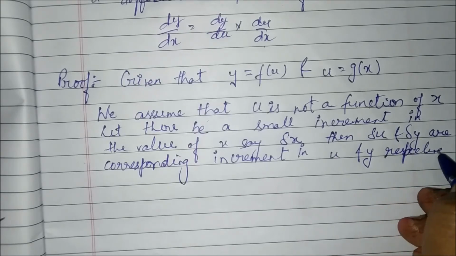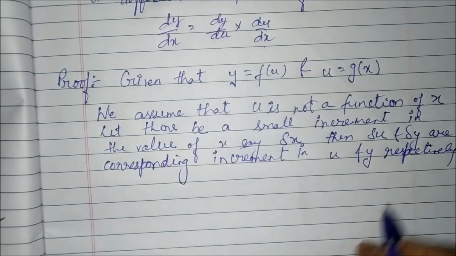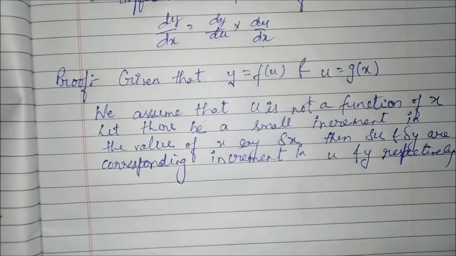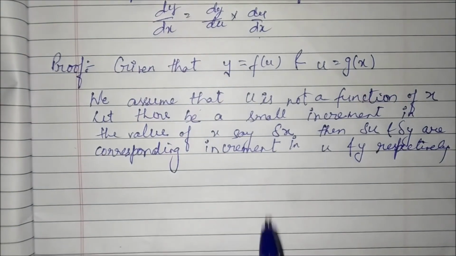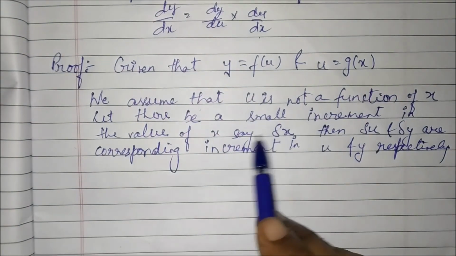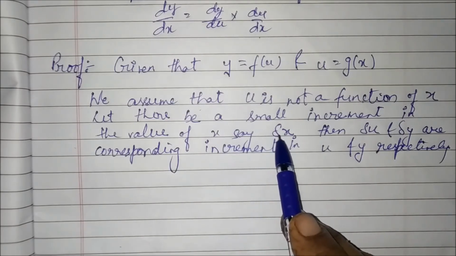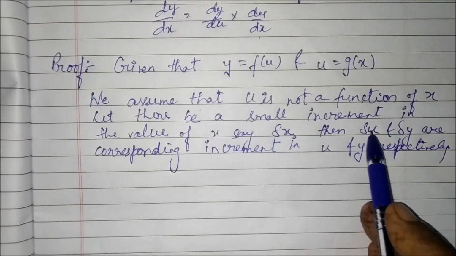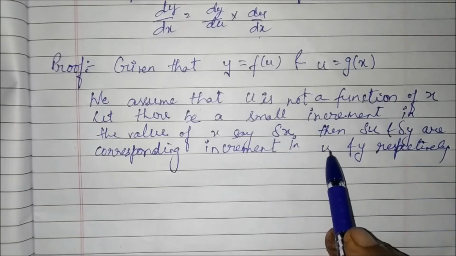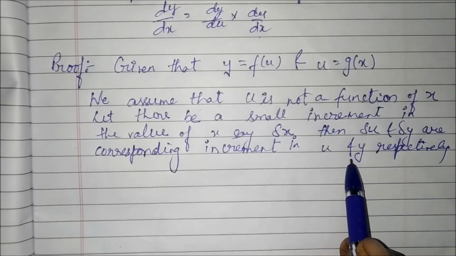Just as we did in the first method, in the same way we have supposed that there is delta x increment in x, and according to this increment there are increments delta u and delta y in u and y respectively.